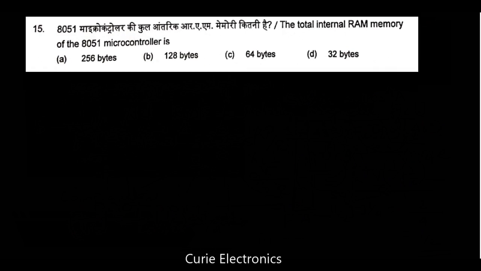Question number 15. It's a direct question. The total internal RAM memory of the 8051 microcontroller is 128 bytes. Switch mode power supply SMPS are based on the dash principle. What is the principle? We use a PWM to turn on and off a switch.